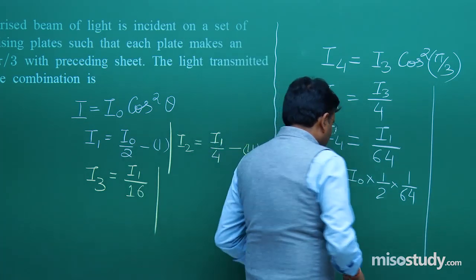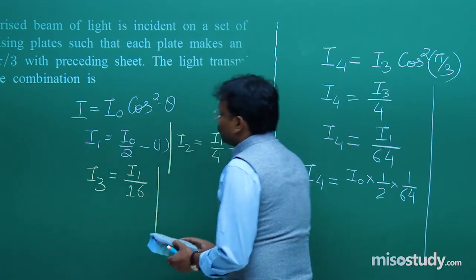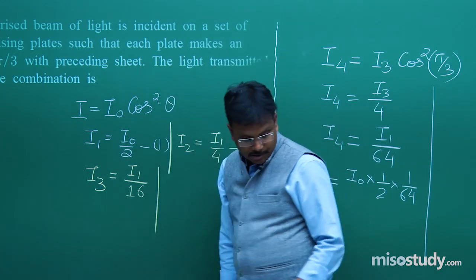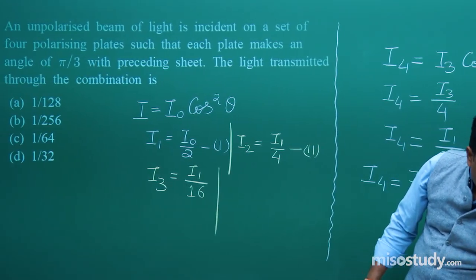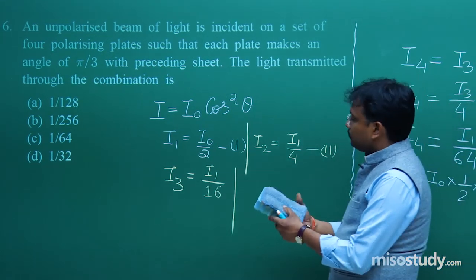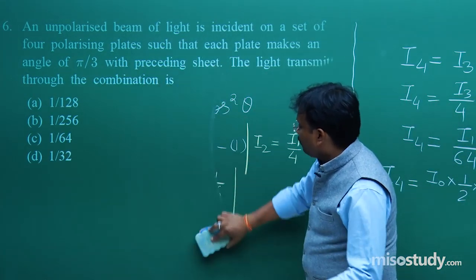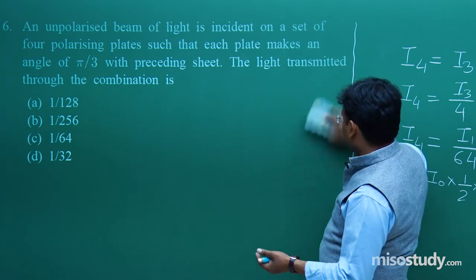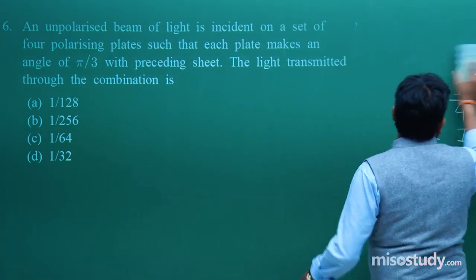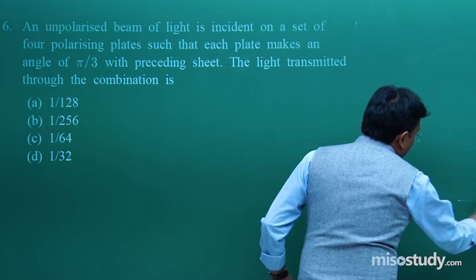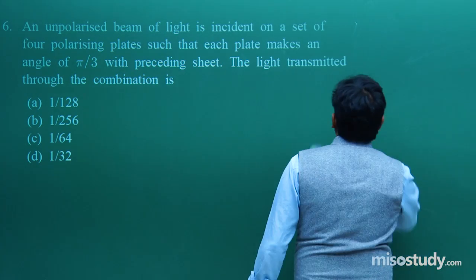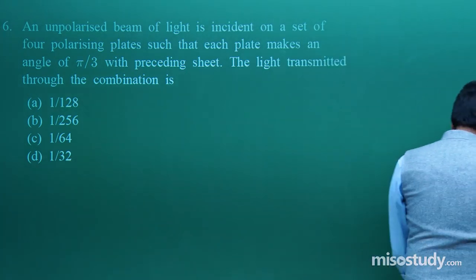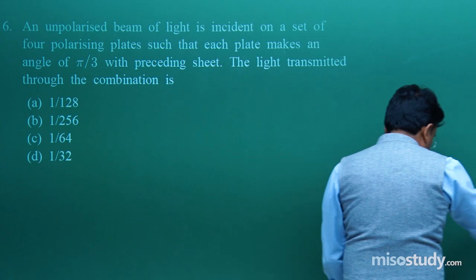Fine. So this was question number 6 of this particular combination of the second set of questions from wave optics of class 12th or your competitive exams. Now, I would like to move to the next question of this particular combination.